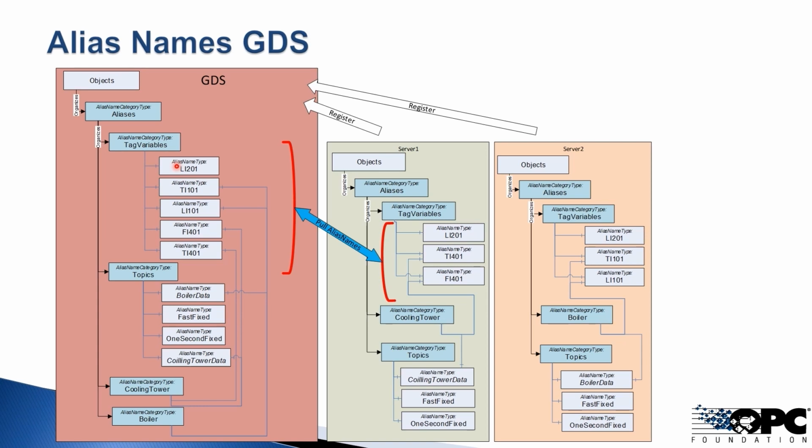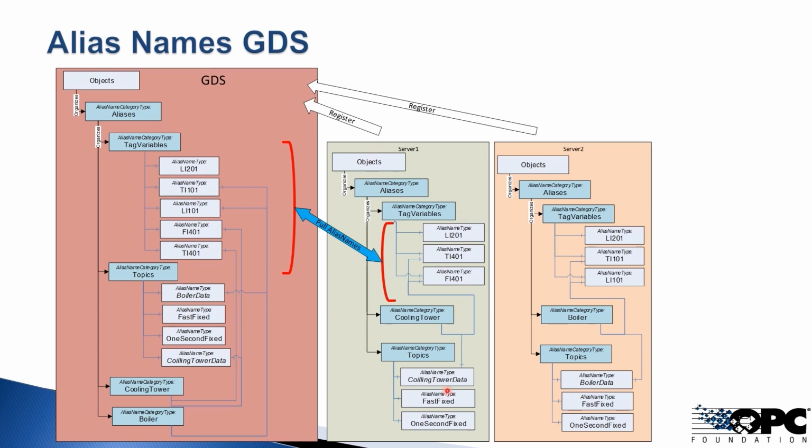However, there's another way to get the tag names to the GDS, and this again comes from the idea that the GDS is the central thing that all the servers register to. So the logic is that when a server registers with a GDS, the GDS can go to that server and periodically read and refresh its list of alias names that are already defined in the server itself.